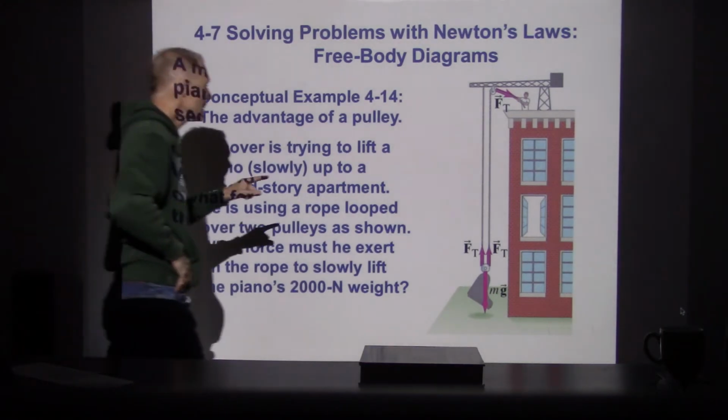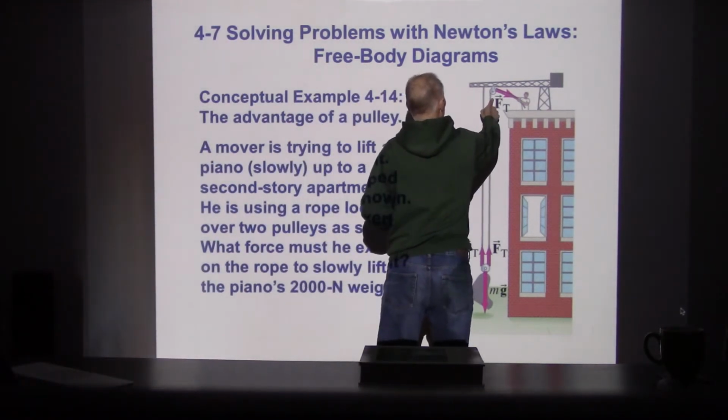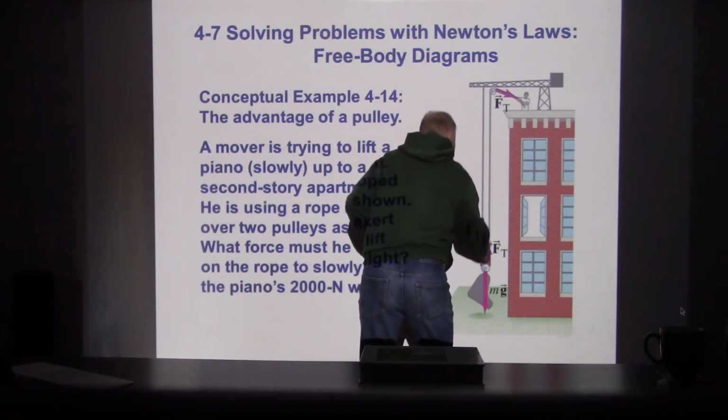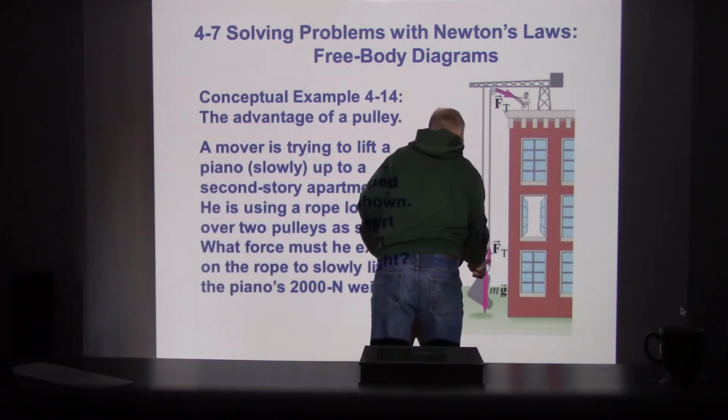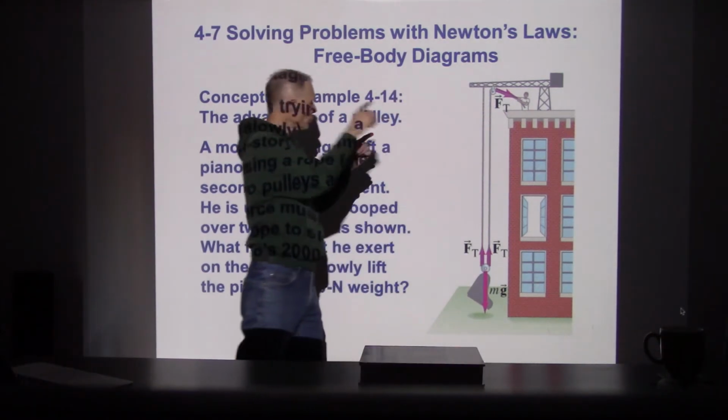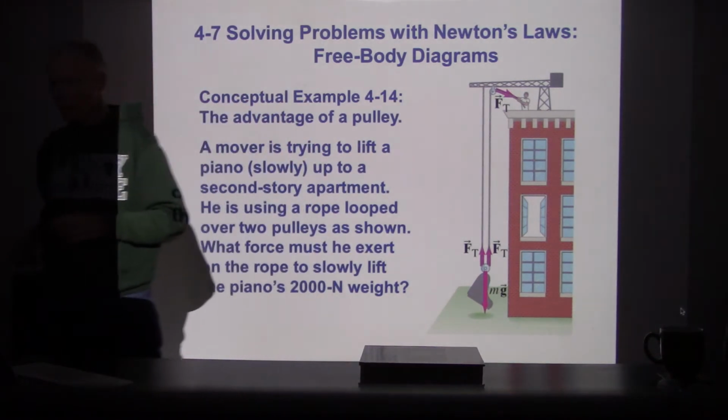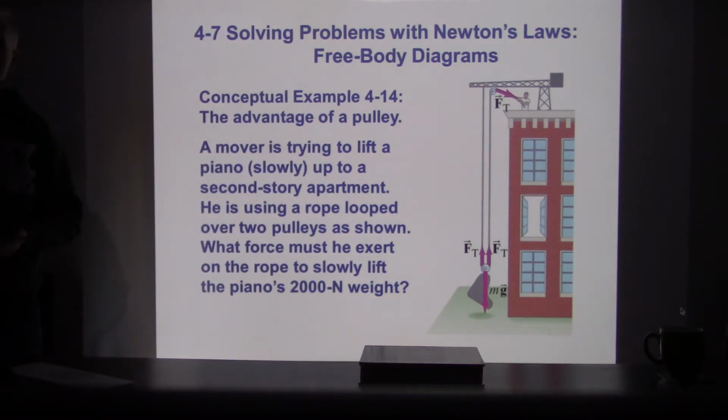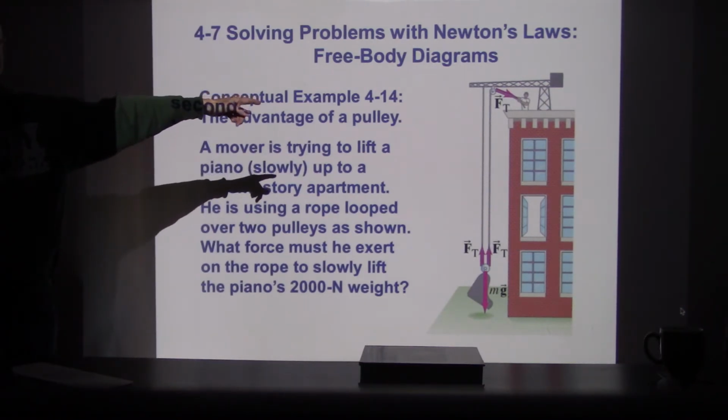Now you may have seen other pulley systems where the rope gets wrapped around a second time, or maybe a third time. Every time you run the rope around that pulley at the bottom, you're picking up an additional force of 2 times T. So at some point, that person doesn't have to pull with very much tension in order to lift the piano.